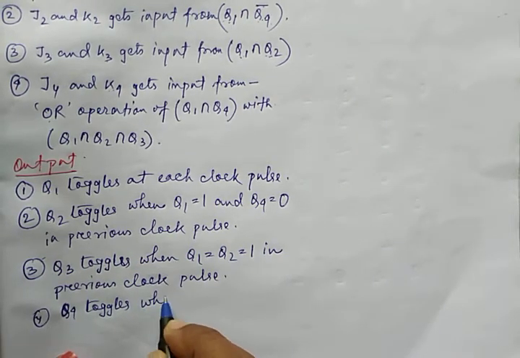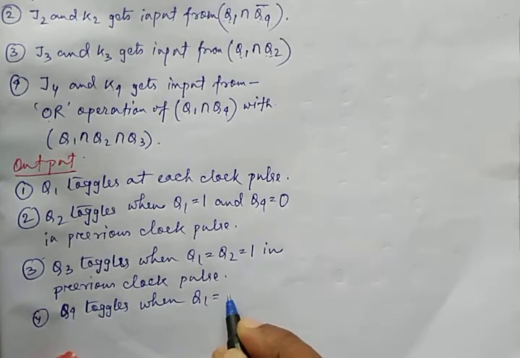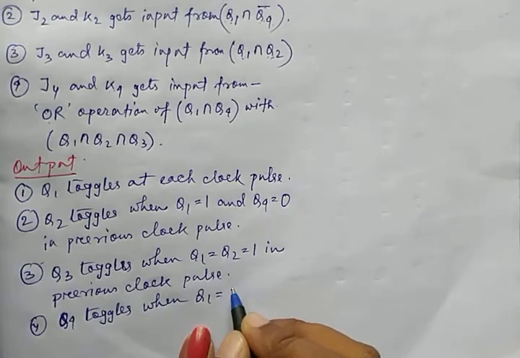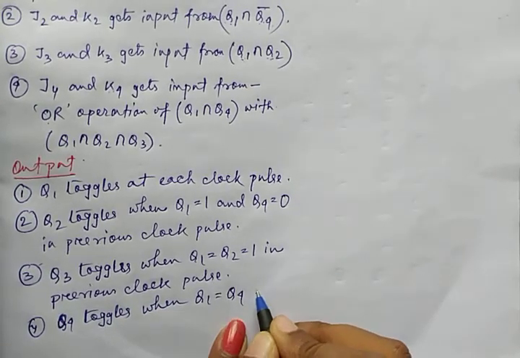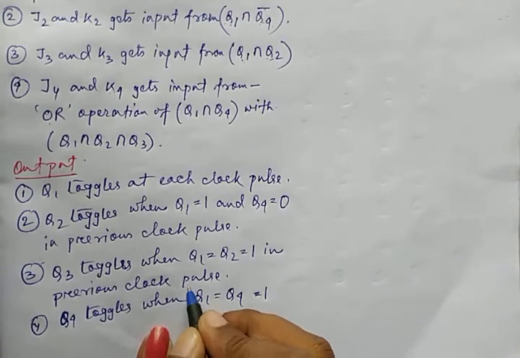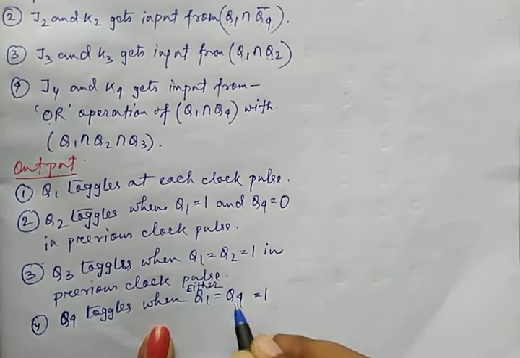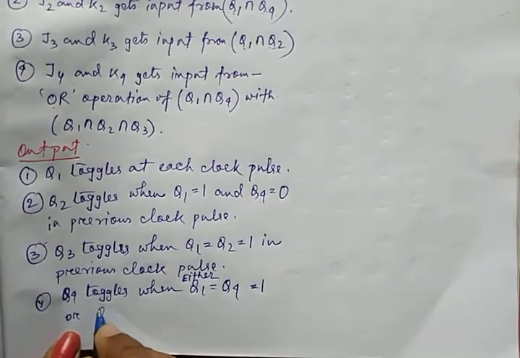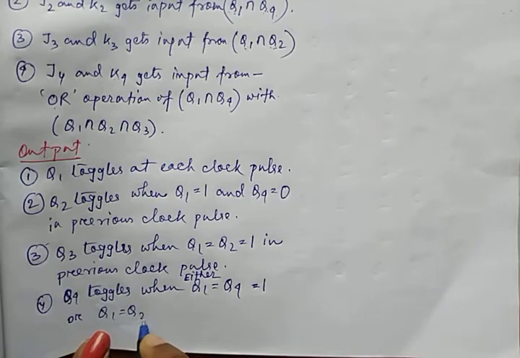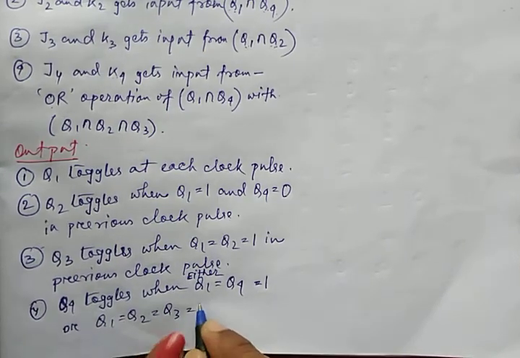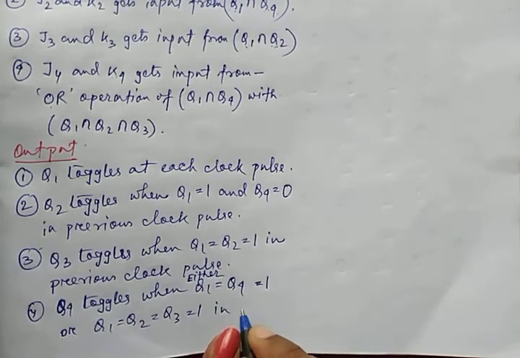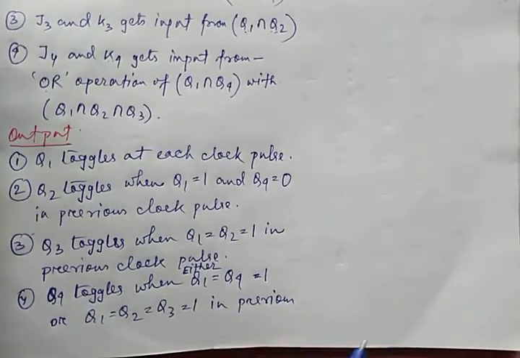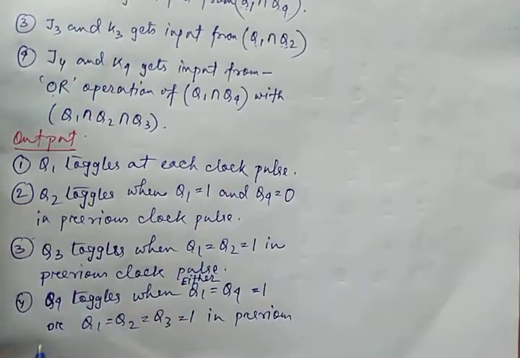So when Q1 equals Q4 equals 1, or Q1 equals Q2 equals Q3 equals 1 in the previous clock pulse.